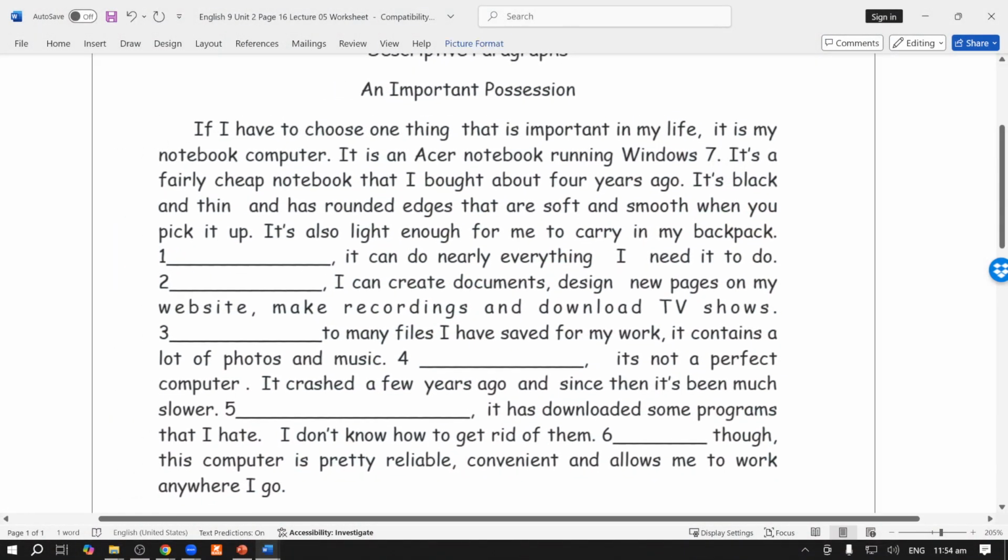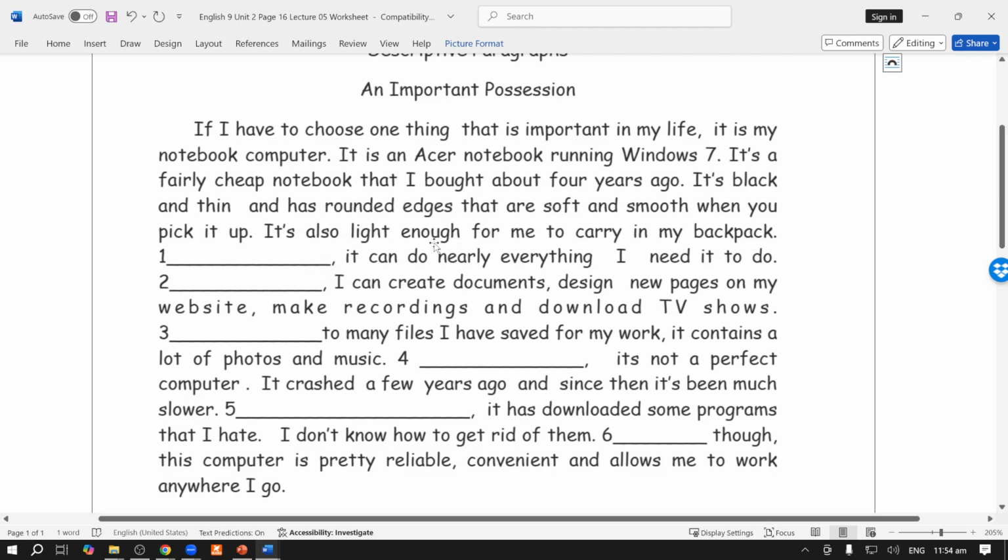It's a fairly cheap notebook that I bought about 4 years ago. It's black and thin and has rounded edges that are soft and smooth when you pick it up. It's also light enough for me to carry in my backpack. So here is a blank.